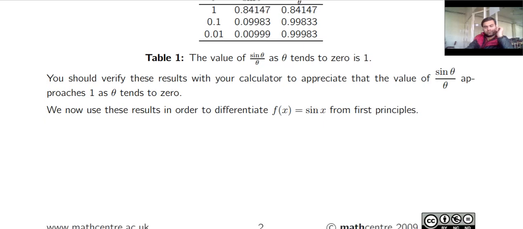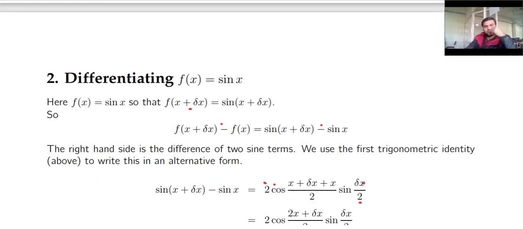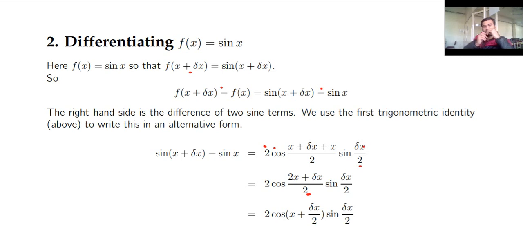Now we start the differentiation of our first function, sin x. We are given f(x) is equal to sin x. Then f(x plus dx) will be sin, and in place of x we write x plus del x. This is equation number 2 and this is equation number 1.